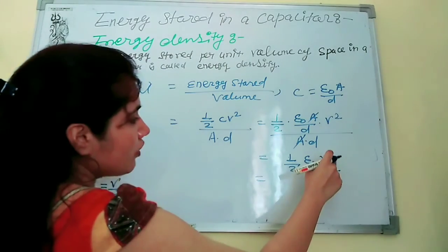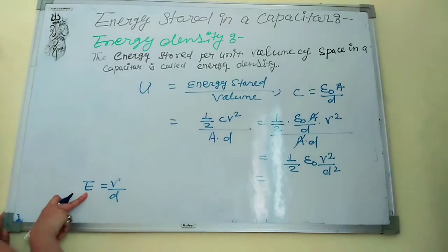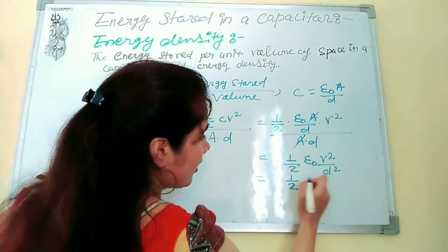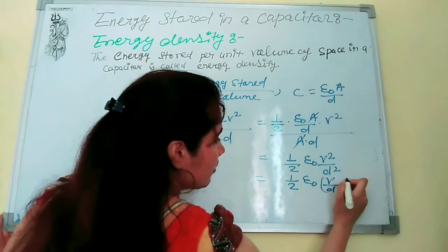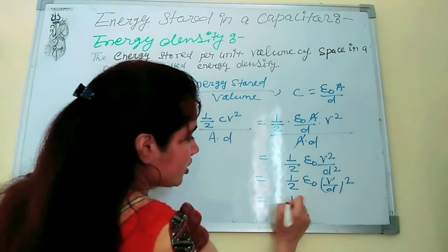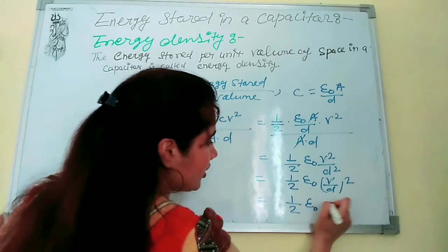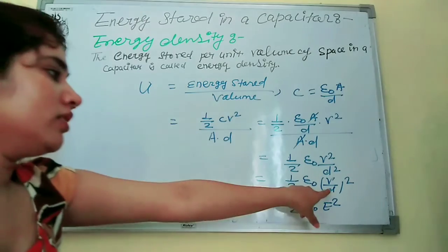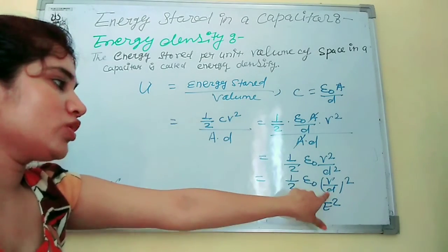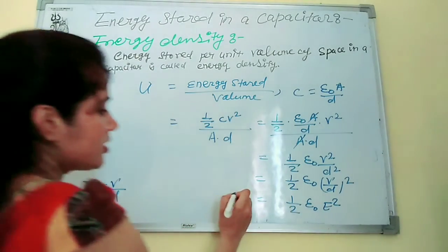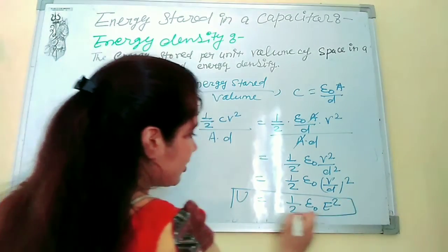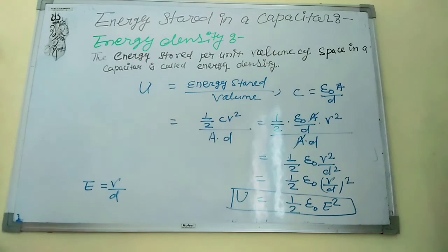So in the place of V by d we can write E. So we can write it like half epsilon naught (V by d) whole square, and it is just half epsilon naught E square. So here we write in the place of V by d is E. So it will become half epsilon naught E square. So this is the expression for the energy density. Okay, I hope it is clear to you. Just take a screenshot or note it down.